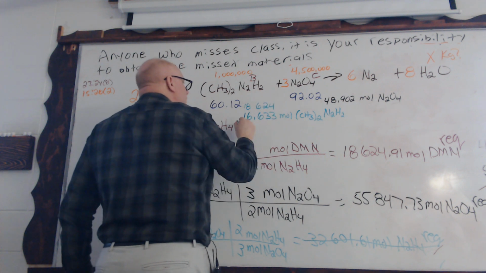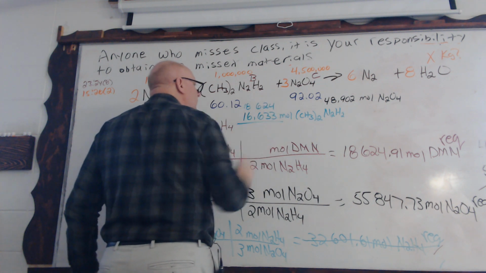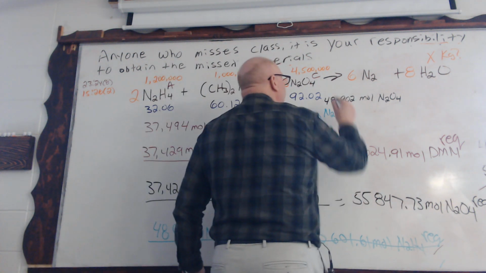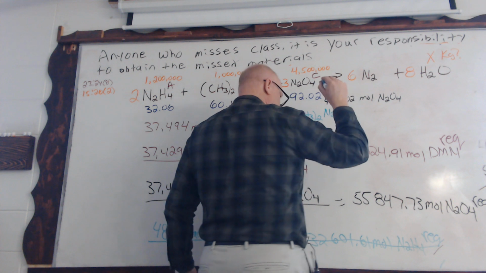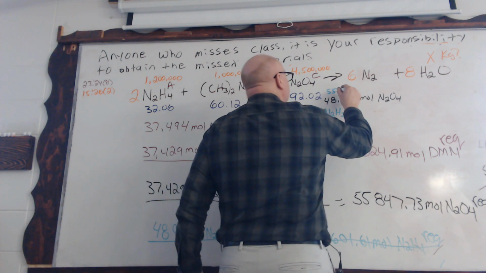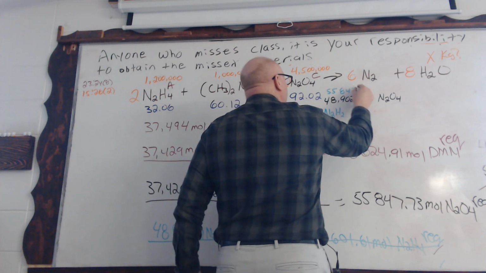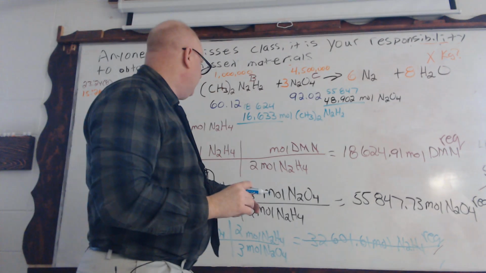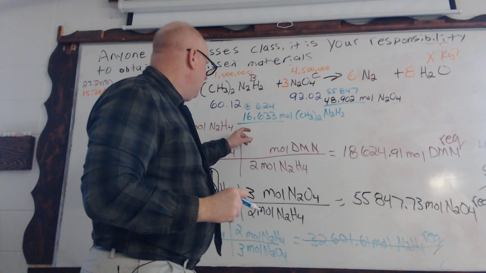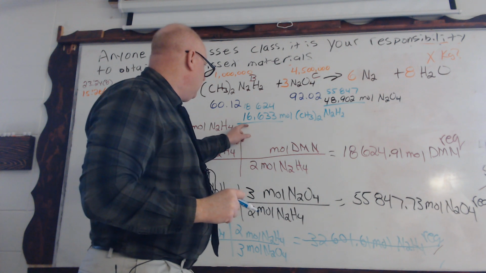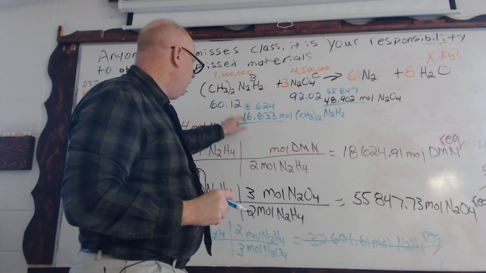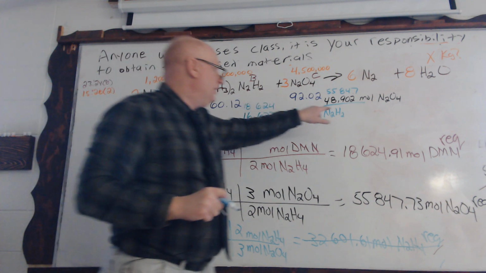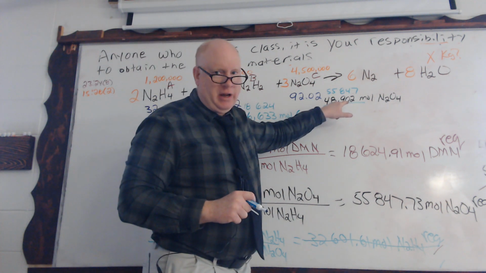You could subtract those two, or we could say 55,847 and subtract those two. So upon doing this, it looks to me like this is only 2,000 moles short, where this is actually about 6,000 to 7,000 moles short.